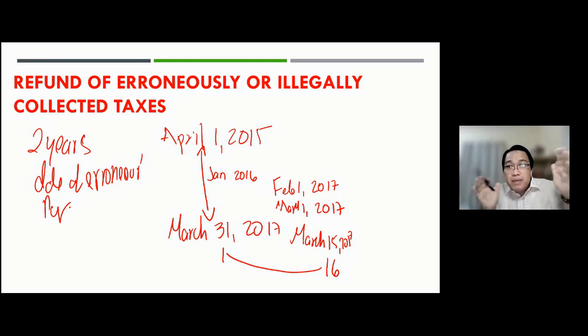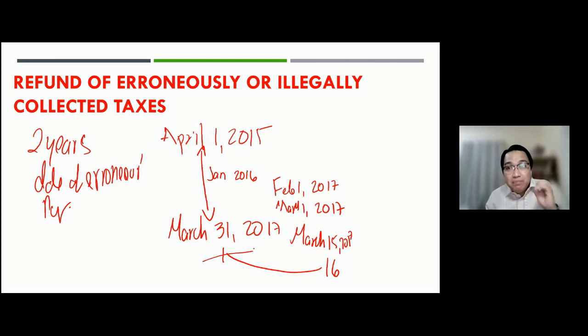Pero nung na-receive mo yung decision ng March 15, wala ka ng 30 days dahil ang 2 years mo hanggang March 31 na lang, 2017. Nakuha natin? Okay? The 2-year period shall cover the administrative and the judicial claim.